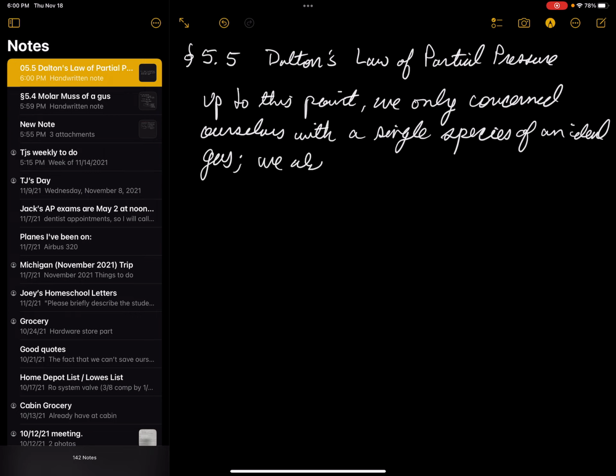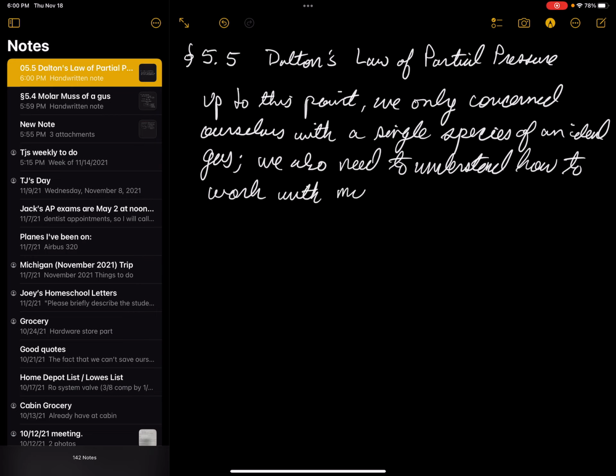We also need to understand how to work with mixtures of ideal gases.